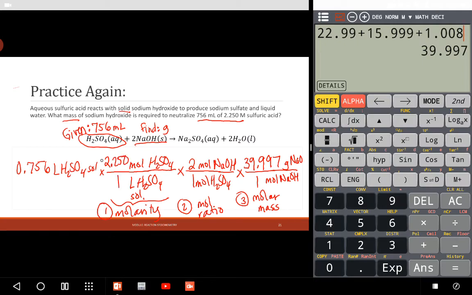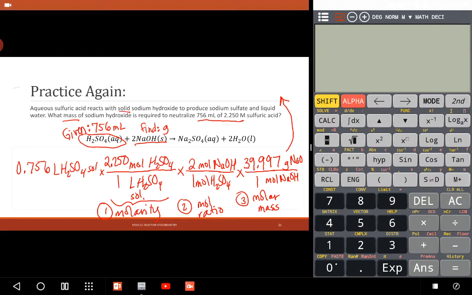Okay, so now I have everything ready and I can type this into my calculator. And so that is 0.756 times 2.250 times 2 times 39.997.